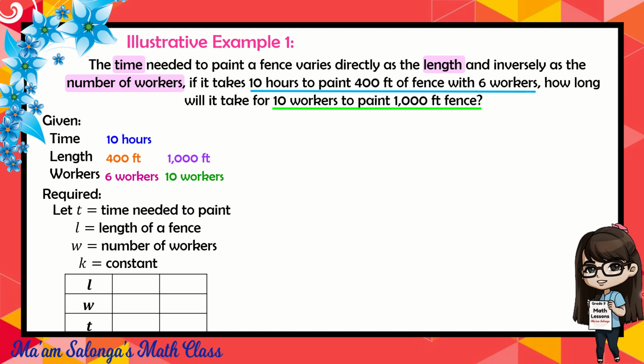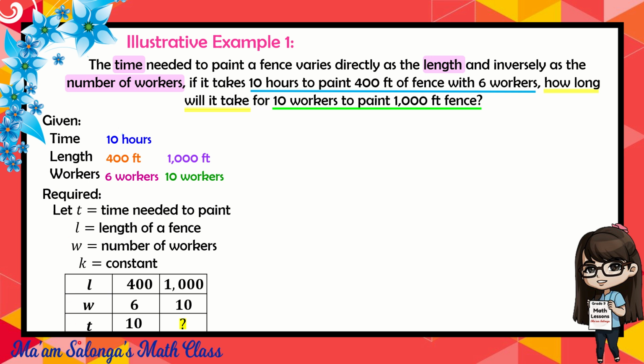Since we need to find how long it will take, or we are talking about the time, we will put the question mark here because it is the time. Then let's just plug in the given into our table of values. So the time is 10 hours, length 400 feet, 1,000 feet, workers is 6 workers, and then 10 workers.